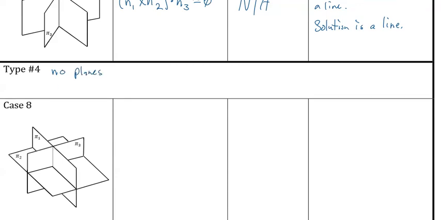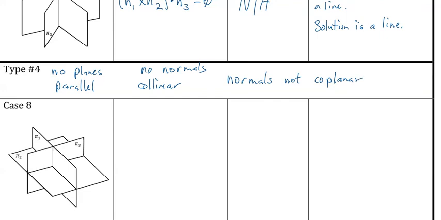So the triple product will not equal 0. So again, n1 will not be a scalar multiple of n2 and or n3. But in this case, when you do the triple product, it'll be something else. Again, the d values are irrelevant.